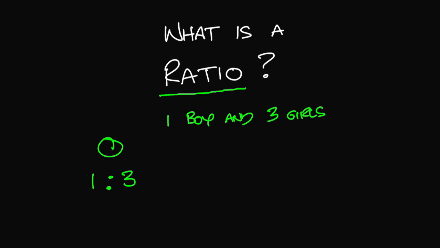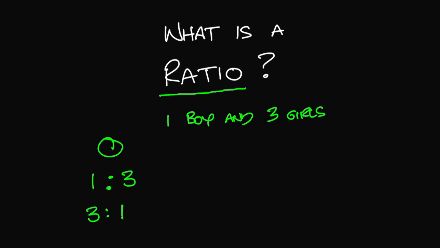Now, if I wanted to change that around, I could say it this way. I'm not locked into the smallest number being first or anything like that. But what I am locked into is the way the ratio is written. I need to say it a certain way. So I could say 3 to 1. And what I want you to see is when we say that colon, we're not going to say 1:3.